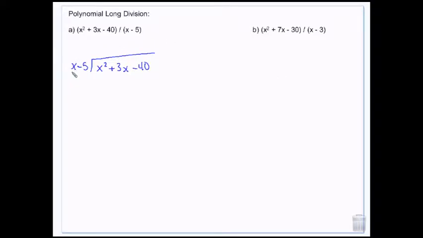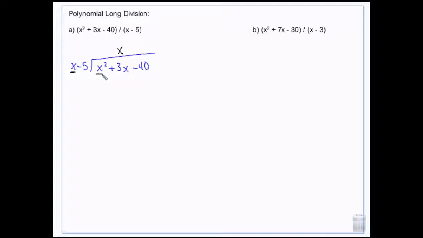I'm going to look at x. I kind of ignore the 5 portion at this point. And I say, how many times does x go into x squared? One more x. Or what would I multiply x times to make it x squared?